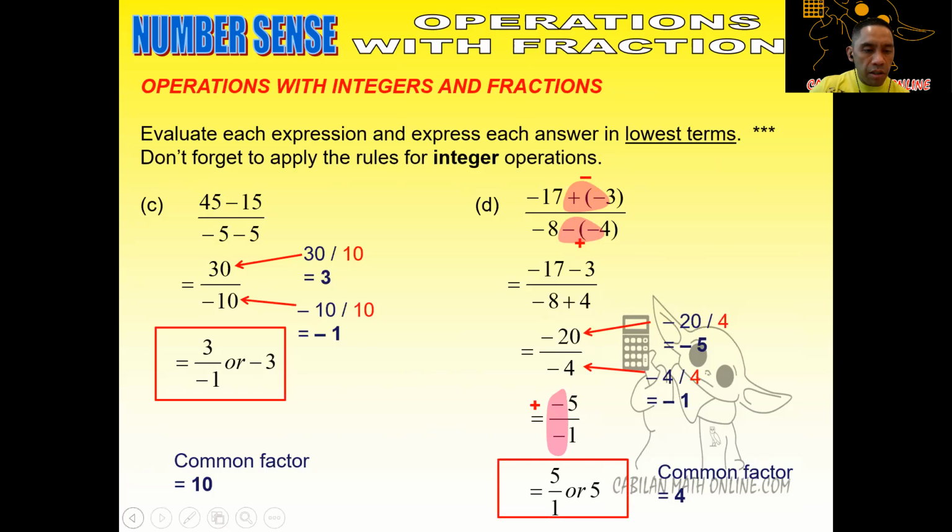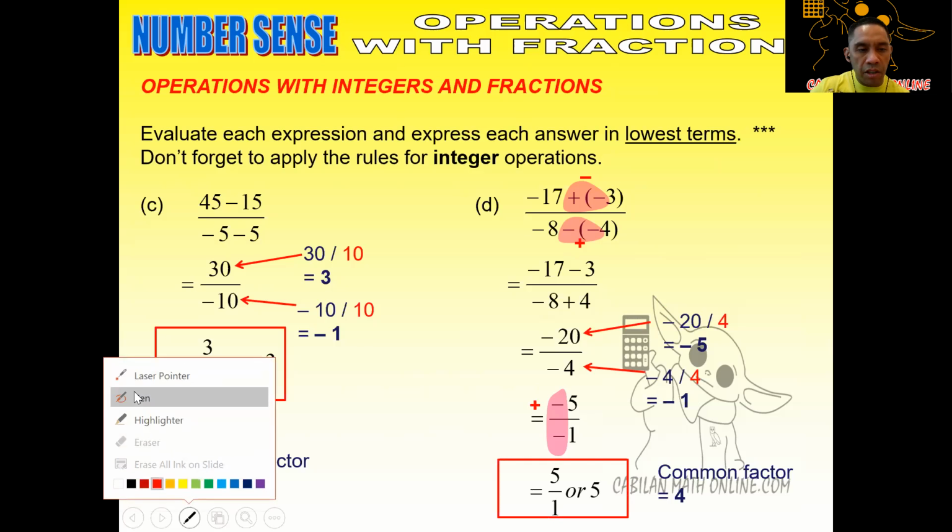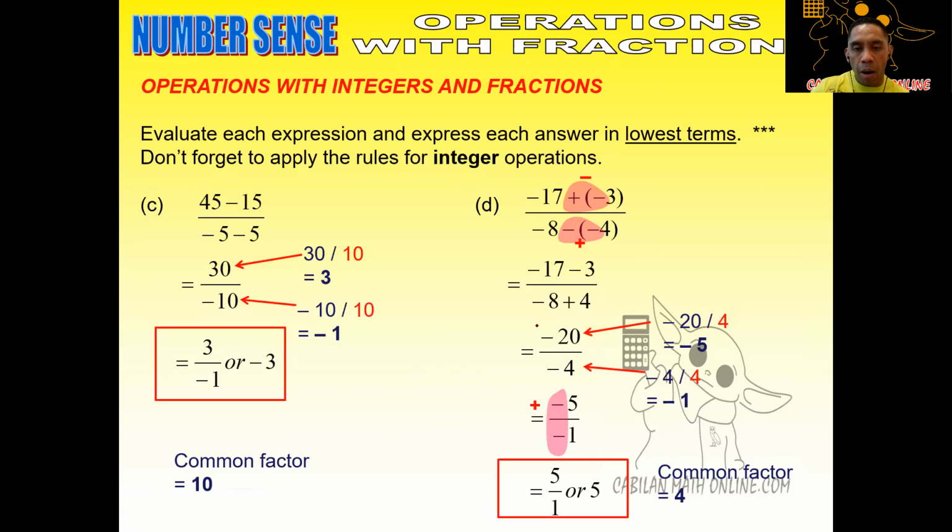Before I move on to the next example, I just want to talk about this one over here to highlight another option. An alternate way to do it is to take a look at this for a moment. Notice that when you have the 2 negatives over here, you can change this to a positive in the next step, before you actually do the common factoring part.